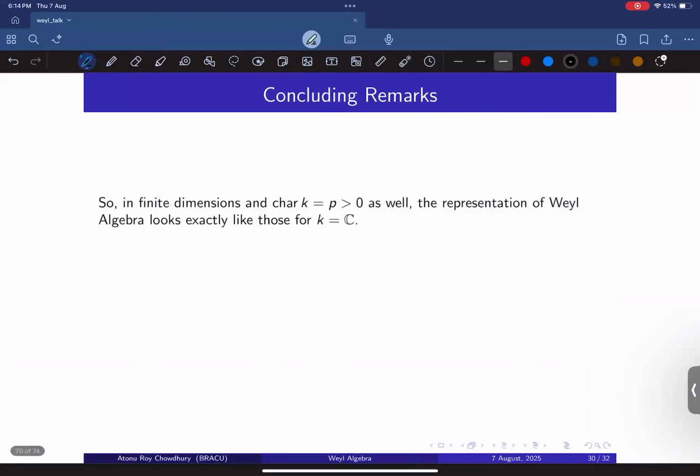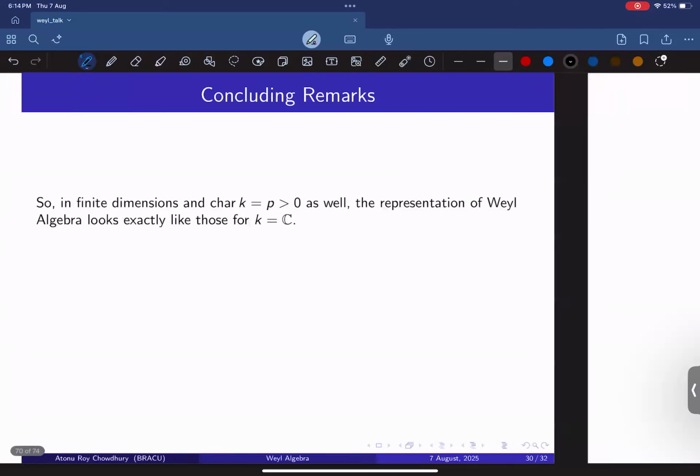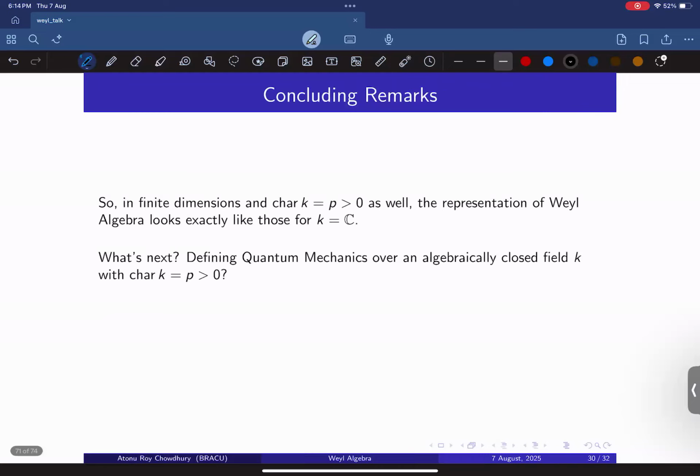So what's next? In infinite dimensions and characteristic p greater than 0 as well, the representations of the Weyl algebra look exactly like that for k equal to the field of complex numbers. What do we do in quantum mechanics basically, right? So what's next? Can we define quantum mechanics for algebraically closed fields with characteristic p greater than 0?